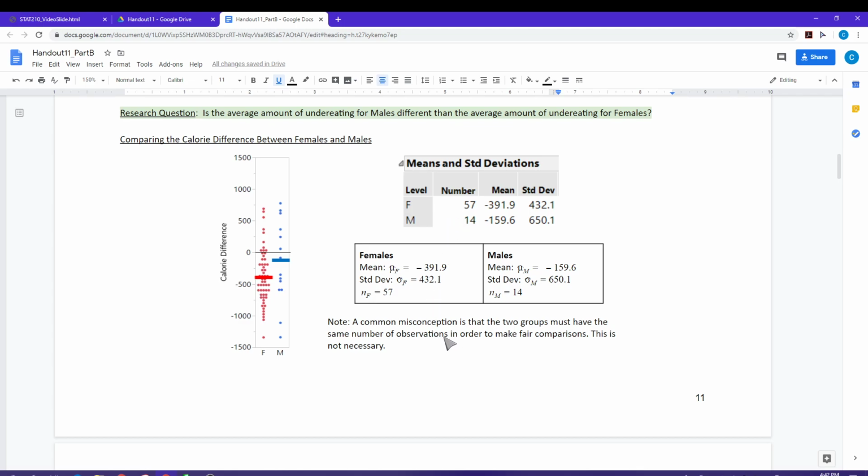There is a common misconception that the two groups must have the same number of observations in order to make fair comparisons in the means, and that is not true. You do not need to have the same number of observations in each group. We're using an average, and an average takes into consideration the number of observations. So that is not a necessary condition.